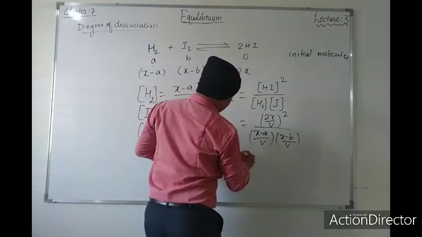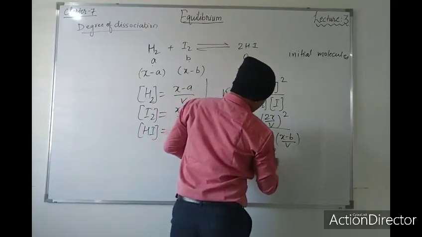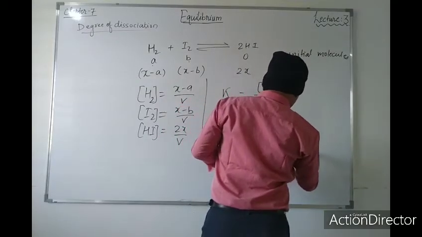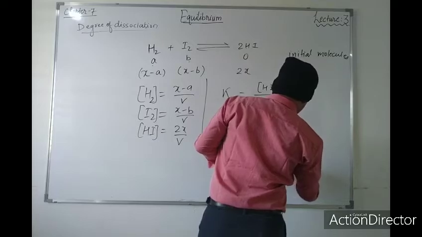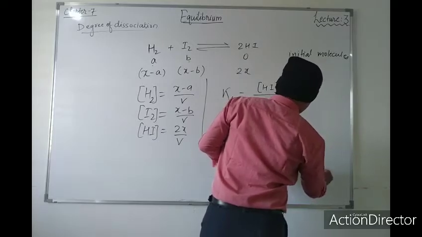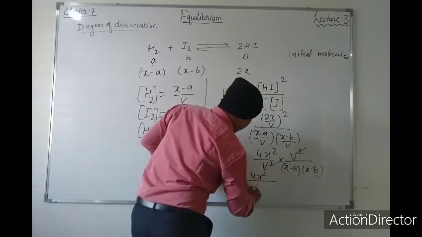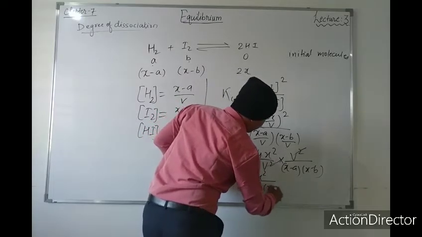So here you can see 4X square upon V square into V square upon X minus A into X minus B. V square cancels, 4X square upon X minus A into X minus B.